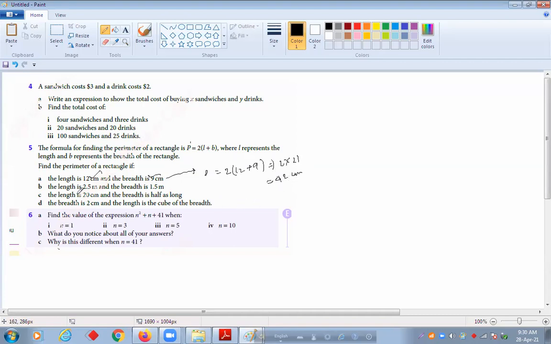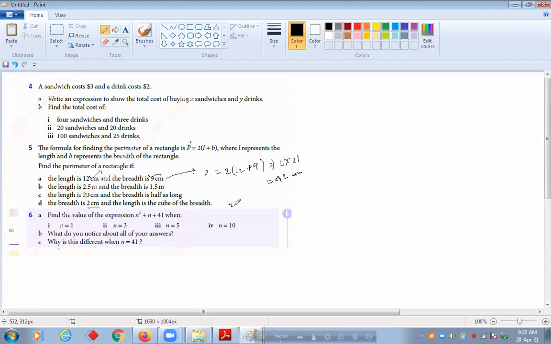Okay. The same way length and breadth is given of another. You will put 2.5 plus 1.5, 4 into 2, 8 meter. And the third one you will put 20 centimeter and breadth is half as long. That means 10, 20 plus 10, 30 into 2, that means 60 centimeter. Here breadth is 2 centimeter and length is the cube of breadth.